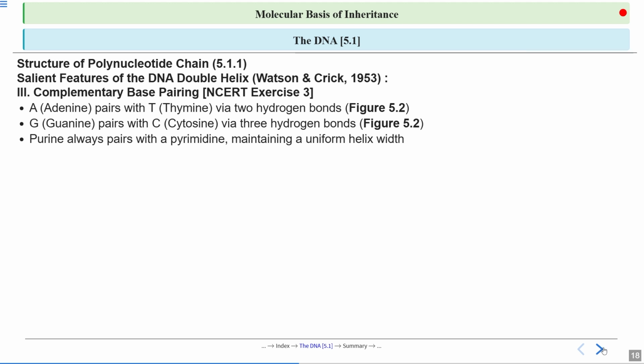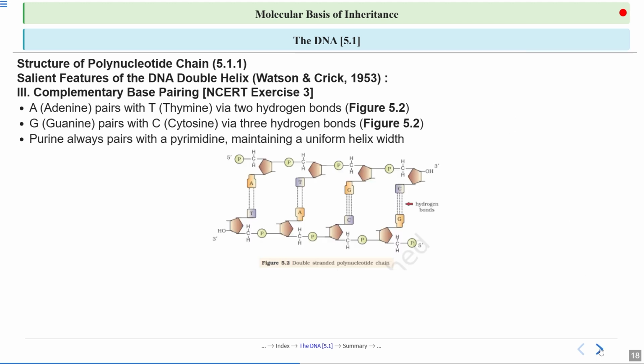Why? Because they have to make a uniform helix width. I'll show in the figure. If they're making a helix, the width of the helix should be uniform. And how is it possible? If purines make a pairing with pyrimidines.